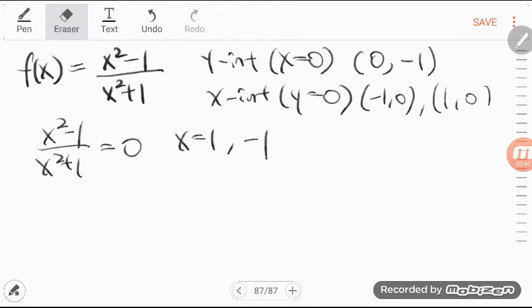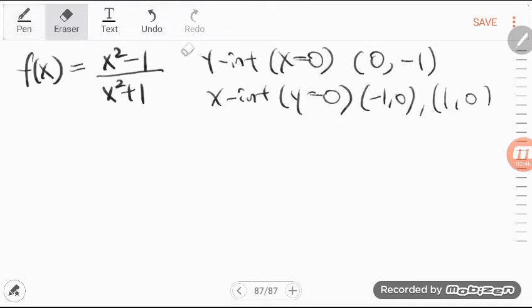So these are the key features over here. I'm sure you know how to do this. So let's continue. Now I have pretty much all the key points that I need.